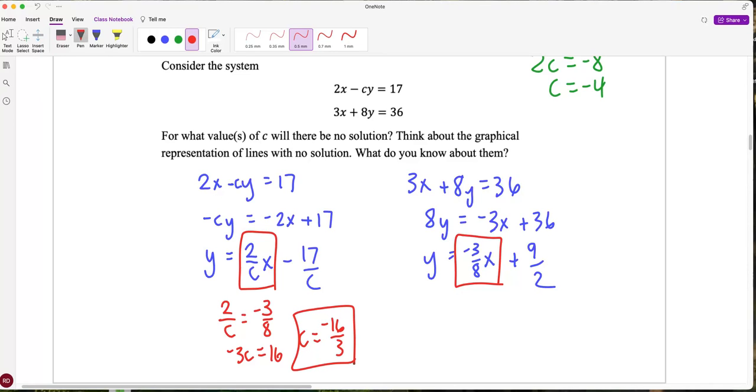The y-intercept here is at 9 halves, and if I have c as negative 16 thirds, then negative 17 over negative 16 thirds is 17 times 3 over 16. That number is certainly not 9 halves. So all that has to happen: c has to be negative 16 thirds.